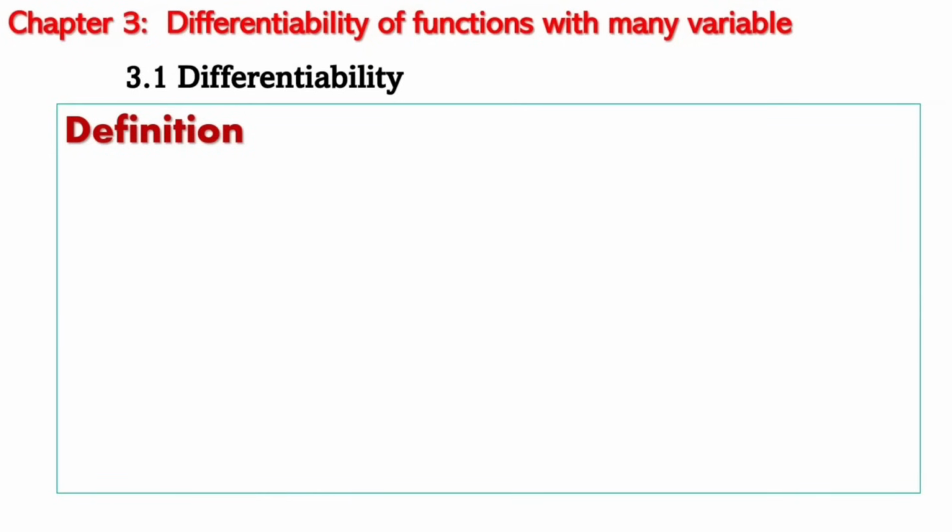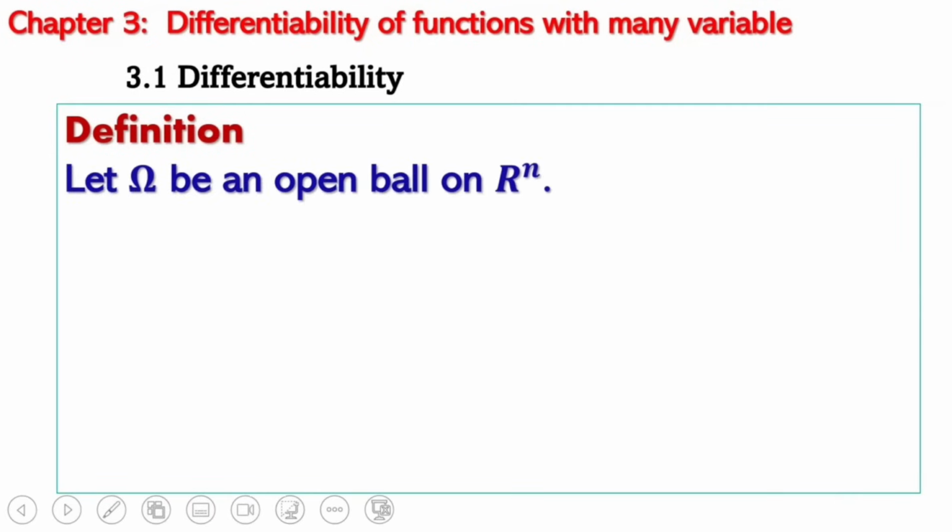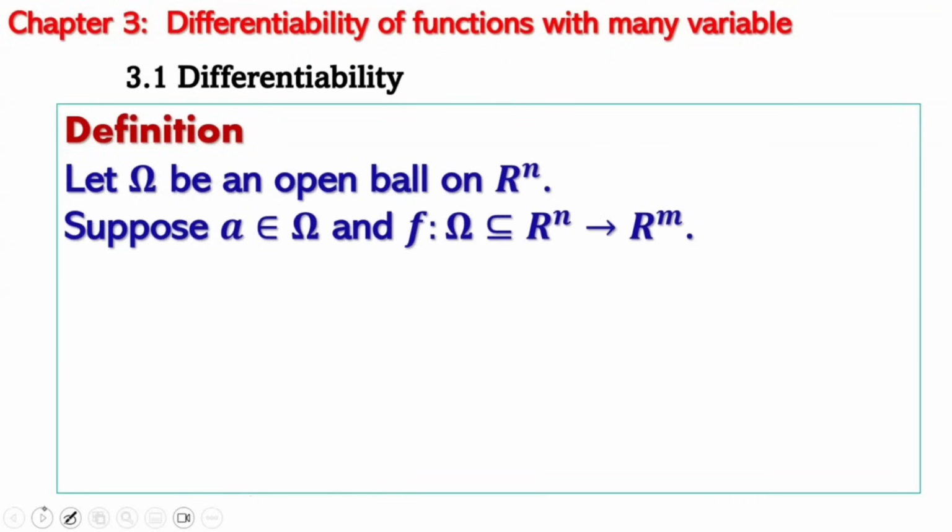Differentiability of a several variable function is defined as follows. First, let Omega be an open ball in R^n, and let a be a point in Omega. Let f be a function from Omega to R^m.